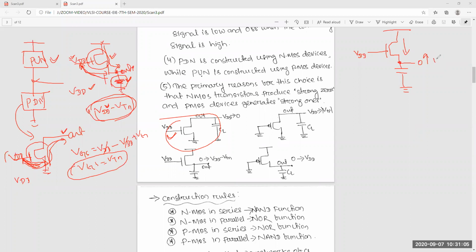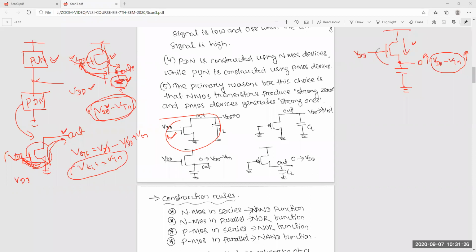Up to VDD minus VTN, the transistor will be on and current will flow.